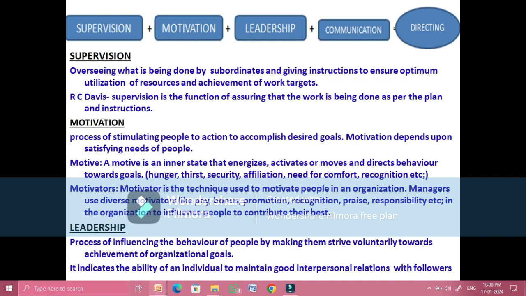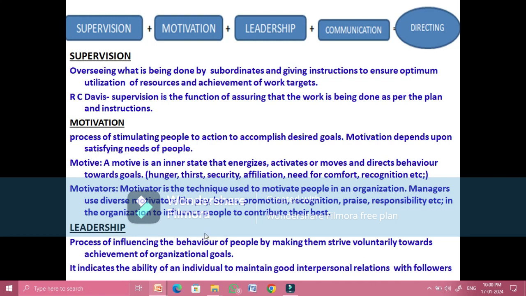A leader is defined as a person who is able to influence other people and inspires them to follow the instructions provided. So leadership means an influencer who influences the people who follow. Definitely a leader will have followers, so he influences those followers.